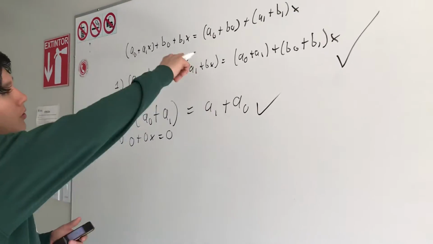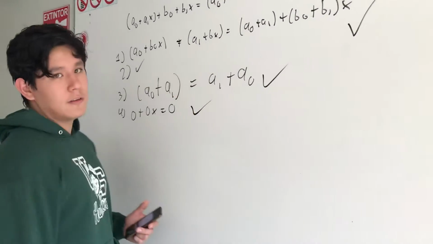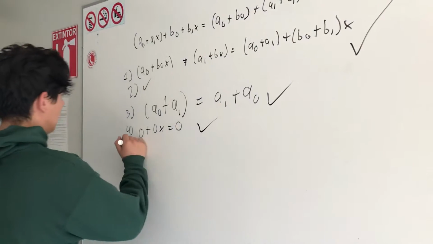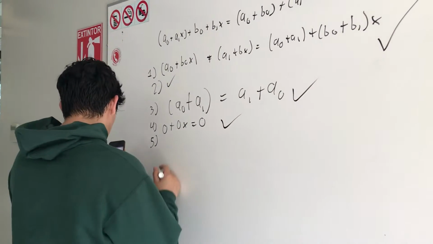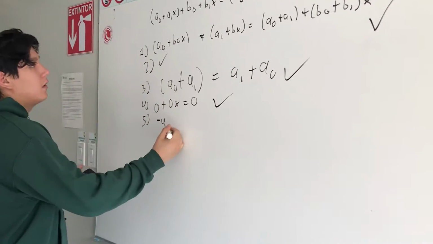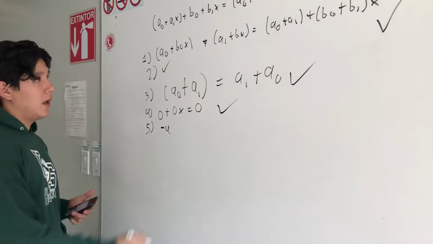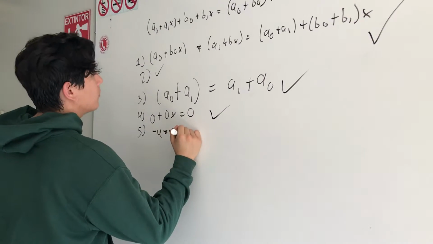So in this case, it will multiply by 0x, it will be 0 as well. So this is accepted. So we go to the fifth axiom. So it says that if we put a minus, our equation will be minus. So in this case, it's true.